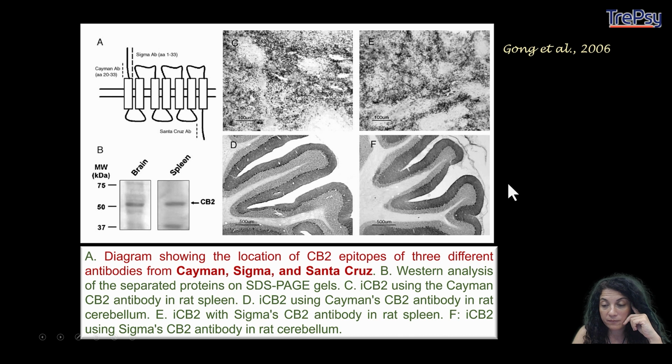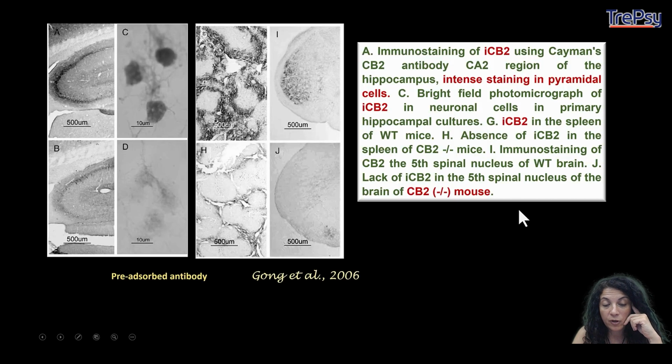Okay, so they conclude the immunostain of CB2 using Cayman antibody in CA2 of the hippocampus. We can see an intense staining in pyramidal cells.